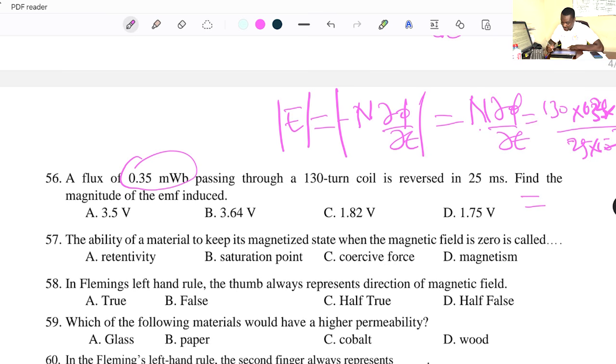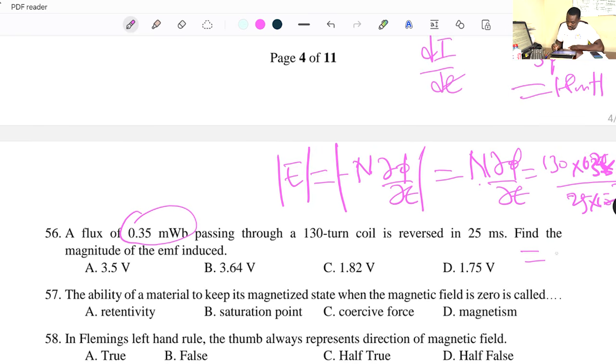So 0.35 times 2 will just be 0.7. So I have 130 times 0.7 over 25 times 10 power minus 3.